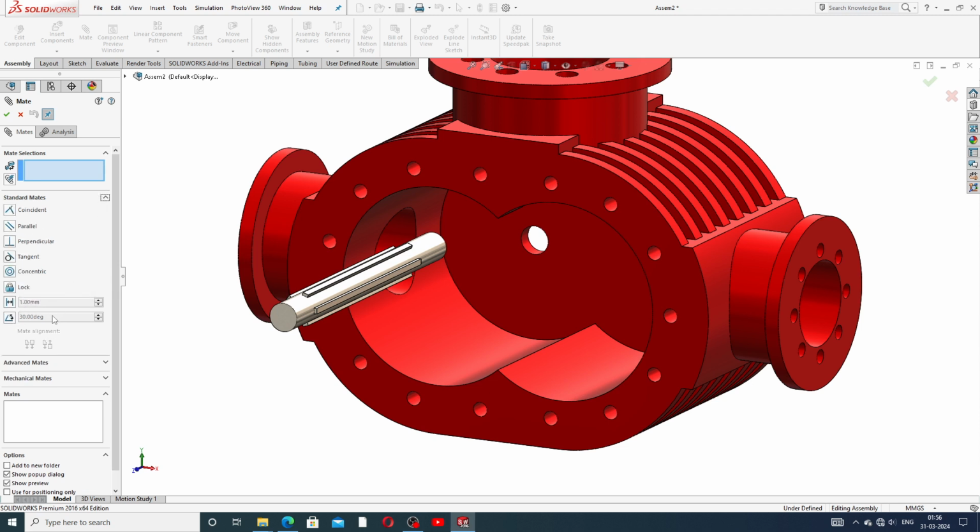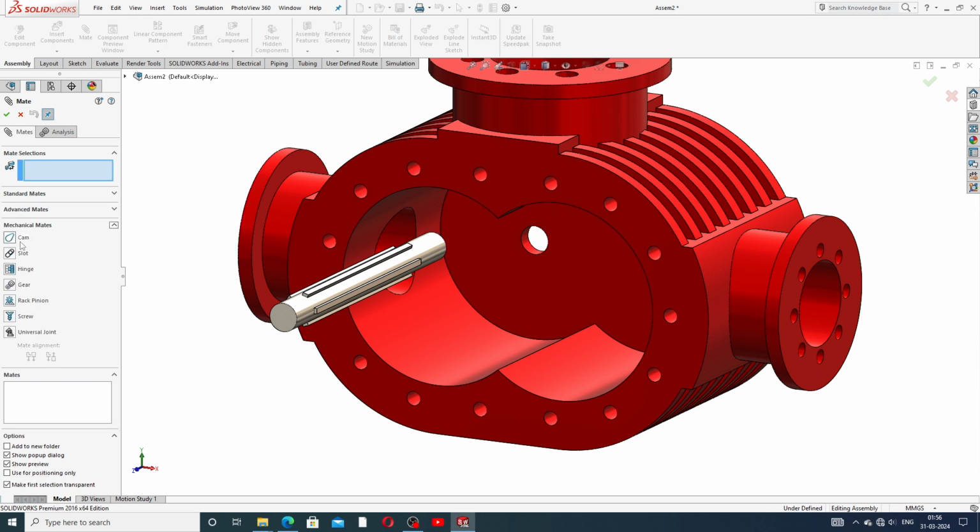Again select the mechanical mate: cam, slot, hinge, gear, rack pinion, which is very important, and screw, and universal joint. All is perfect.